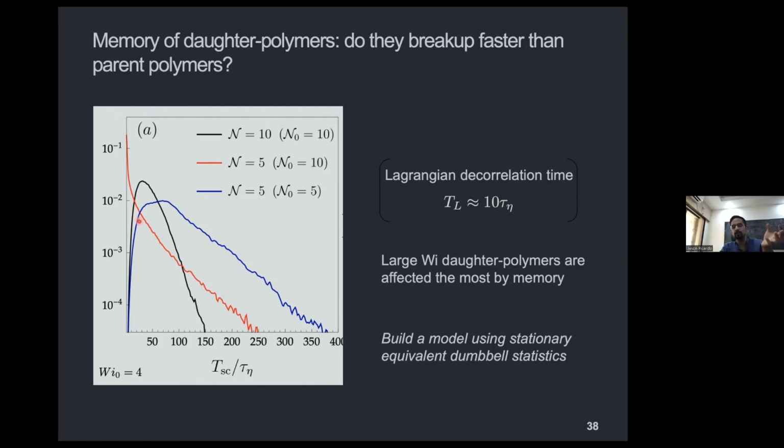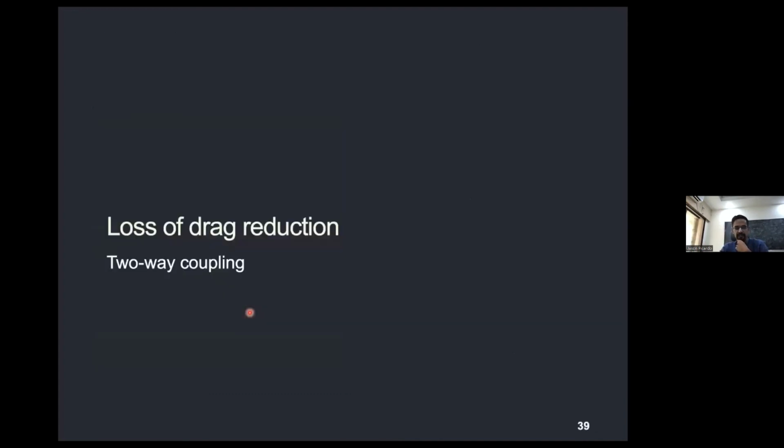It turns out that they do, but if you wait longer than the Lagrangian correlation time of the flow, the daughters forget that they have been formed from a breakup, and they start behaving as if they are the original parents that you see with the flow. This is important because if one wants to model these multiple scission events in a simple way, this is basically telling you that you can model the breakup of daughter polymers using statistics you have for parent polymers of the same size. I can discuss this further if people have questions later.